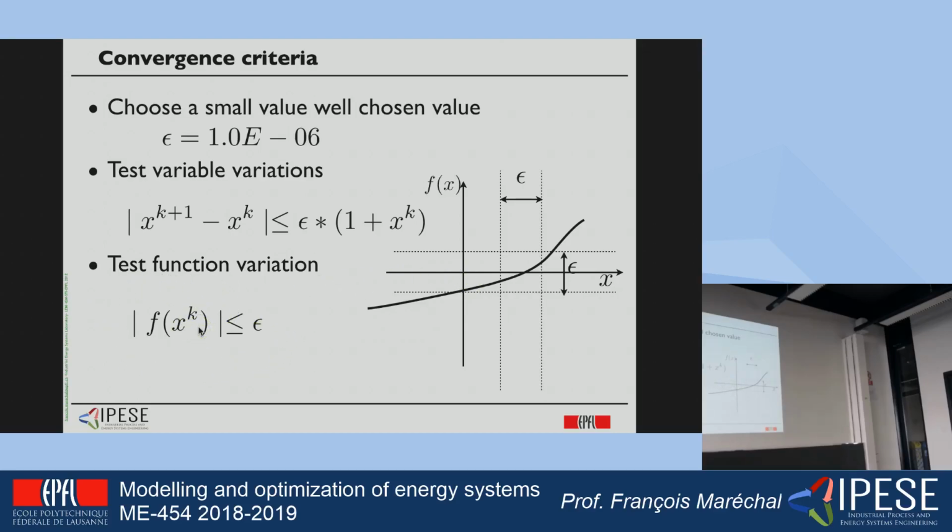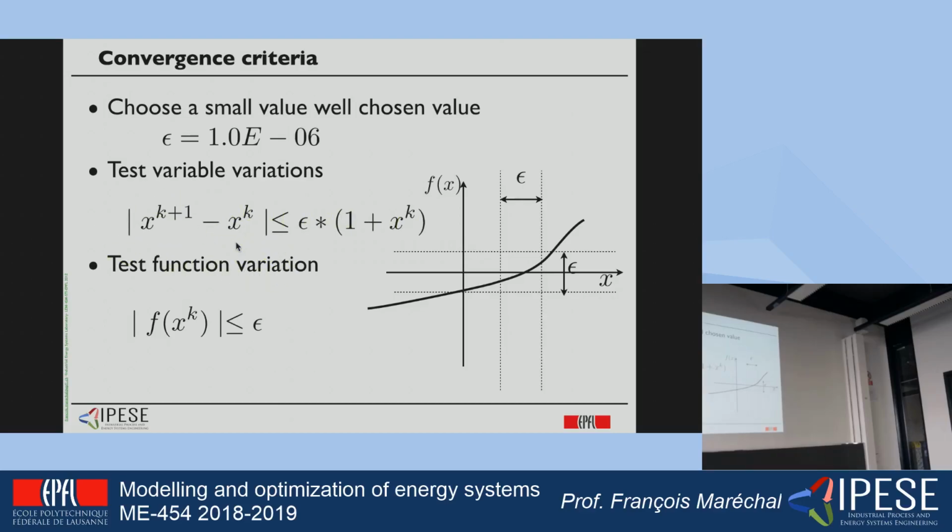Okay? Now it might happen that for a small difference here, there are a lot of x that are still valid. It means that the slope is very, very low. Okay? In this case, it makes sense to test also the variation of x.